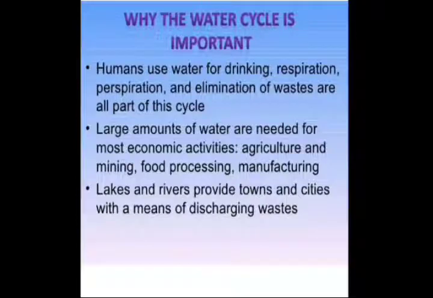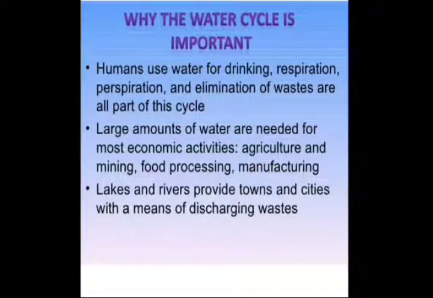Humans use water for drinking, respiration, perspiration and elimination of waste. Now, where is this water coming from? This is all possible through the water cycle only. We need water for economic activities like agriculture, mining, food processing, and innumerable such activities. Where is the water coming from, and where is it being replenished from? It is through the water cycle only, isn't it?